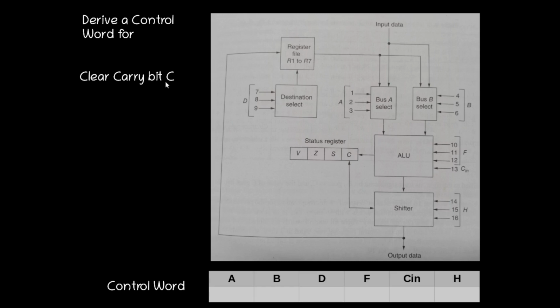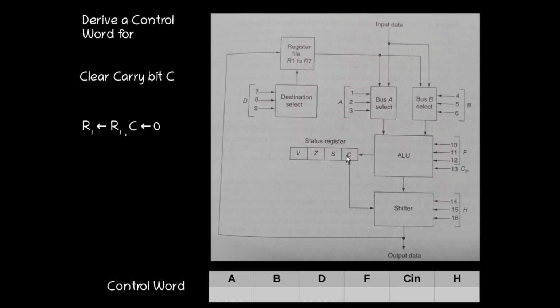Then another case is clear carry bit. Here we only need to clear the carry bit of the status register. How do we derive the control word corresponding to that operation?